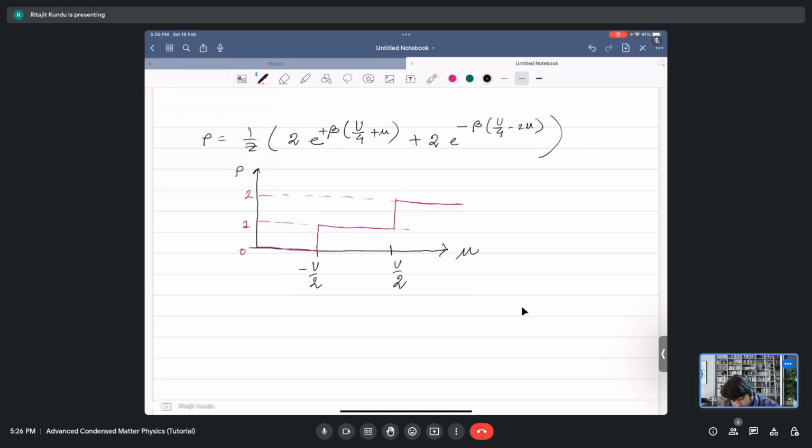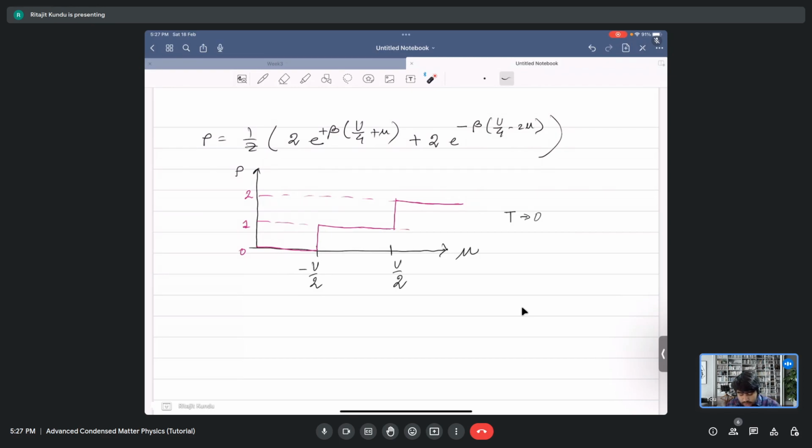Let me first draw it out, so then it will be easier. If you plot this quantity, you will see that there are steps. The temperature is almost 0, very small, so these are clear steps. If I increase the chemical potential, initially I start with 0. That means for a chemical potential smaller than minus U by 2, I cannot put any particle, because there is an energy cost of putting that single particle.